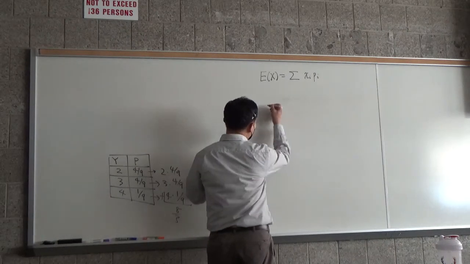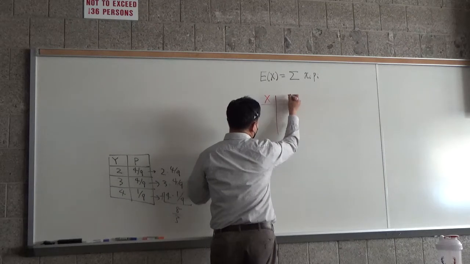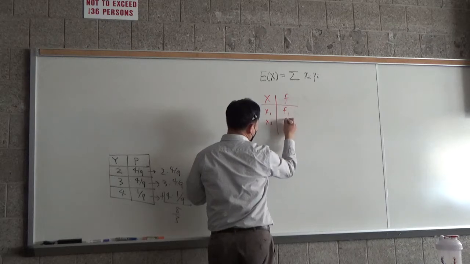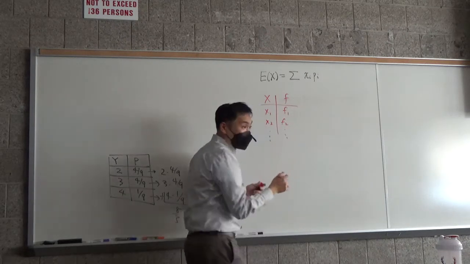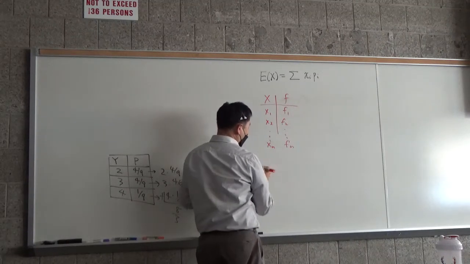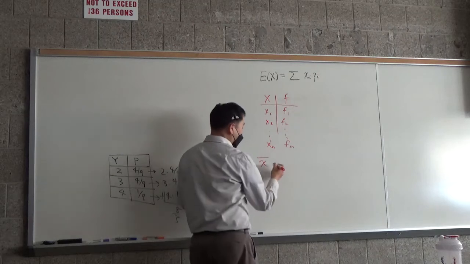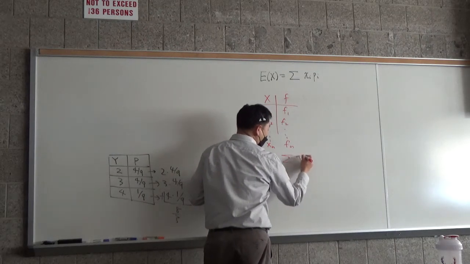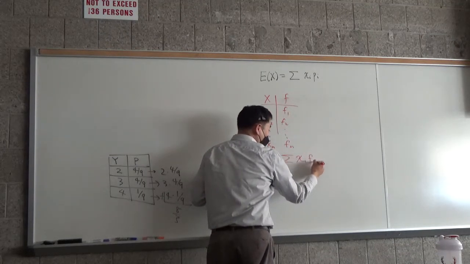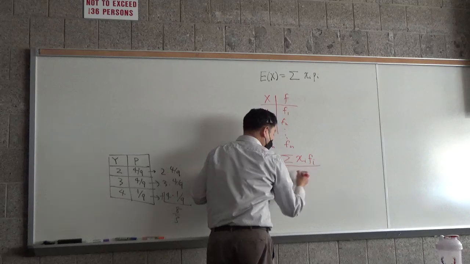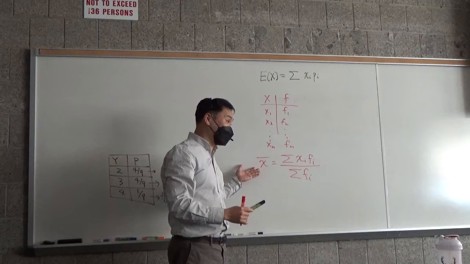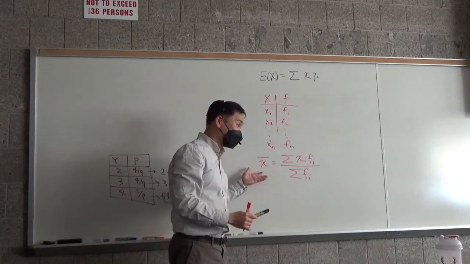If you have x and frequency, x1 and frequency 1, x2 and frequency 2, and so on, then the average of x is you add up all the xi's, but since xi's are repeated by fi's, you multiply these two, and then you divide it by the sum of all the frequencies because that's how many items you have. So that's called the weighted average. You remember this? Is that good?